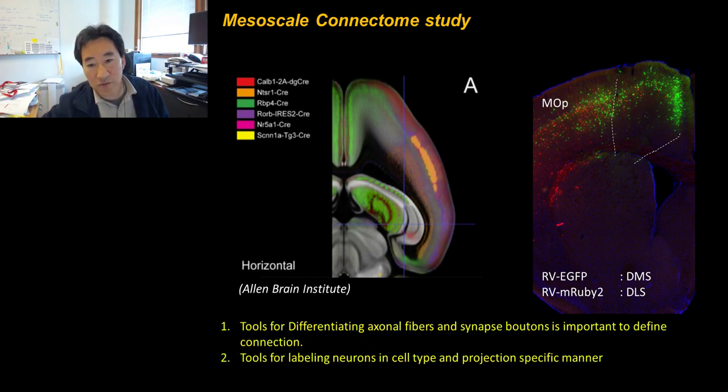So we need to find a tool to define the cell type and projection in a specific manner. This is very daunting, meaning that you have to have a specific tool, especially a viral tool, to label the specific cell type and specific projection.